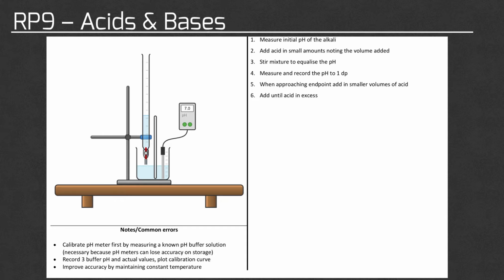Required Practical 9 uses titrations to investigate how the pH changes in a weak acid, strong base titration and a strong acid, weak base titration. The first part of this practical is to calibrate the pH meter by measuring the pH of known buffer solutions. This is necessary because pH meters can lose their accuracy after they've been stored.